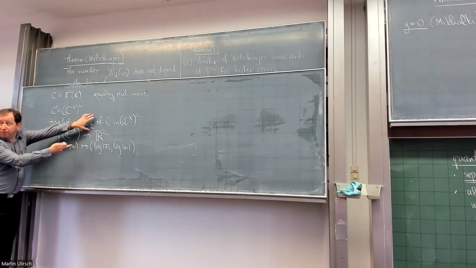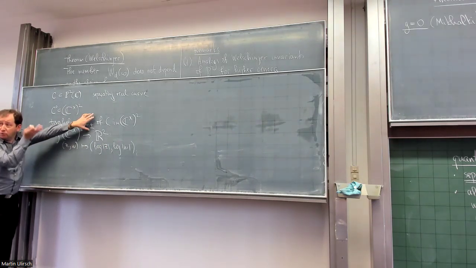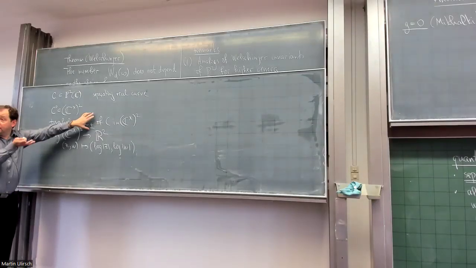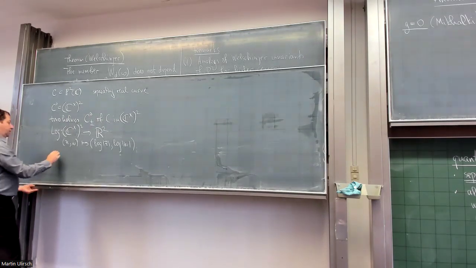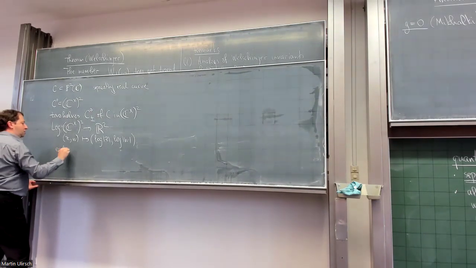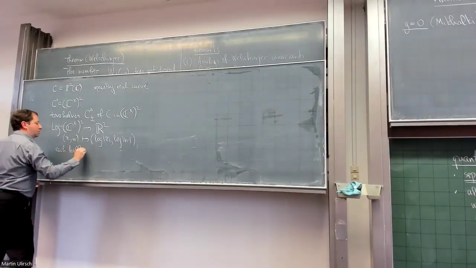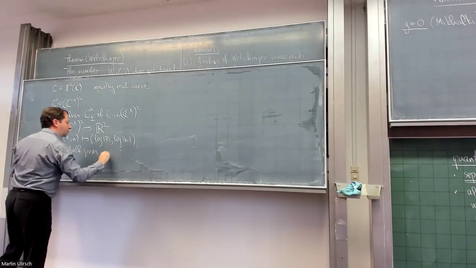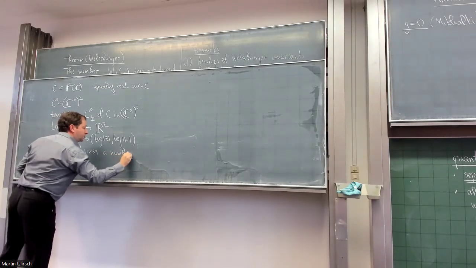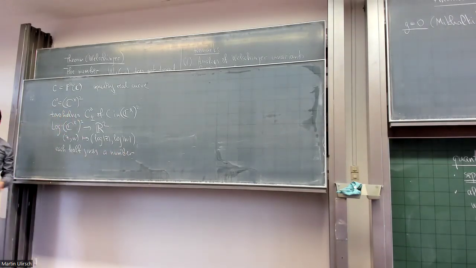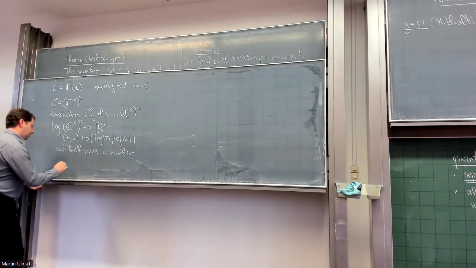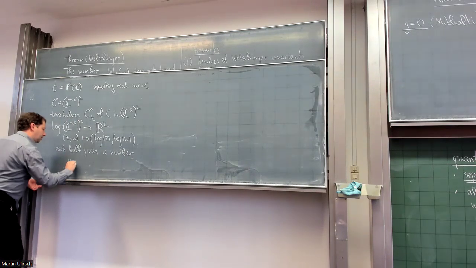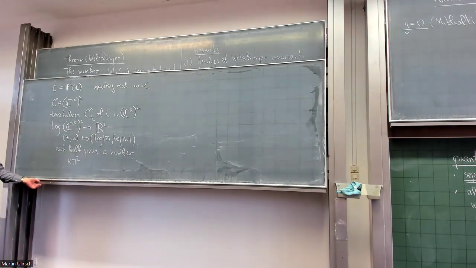Then using this map, you can pull back the Euclidean area form and integrate the result over a given half. And so each half gives a number, the result of this integration of the pullback of the Euclidean area form. And this number is of the form k pi squared.